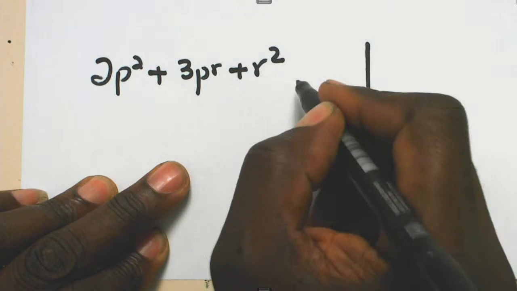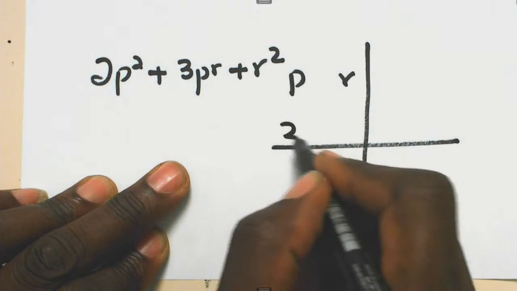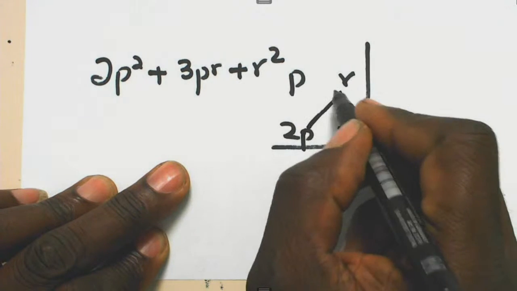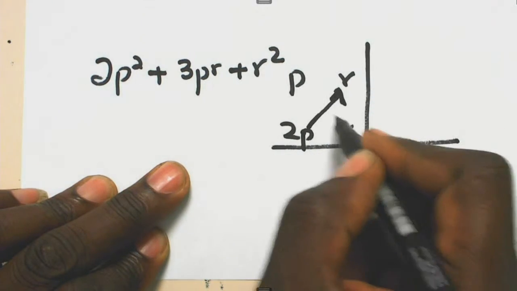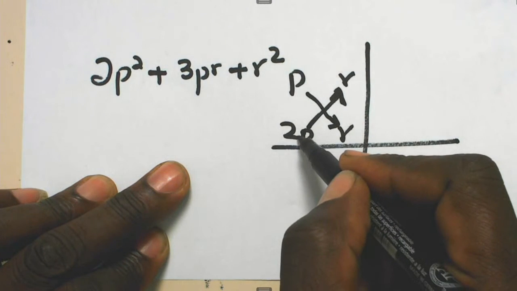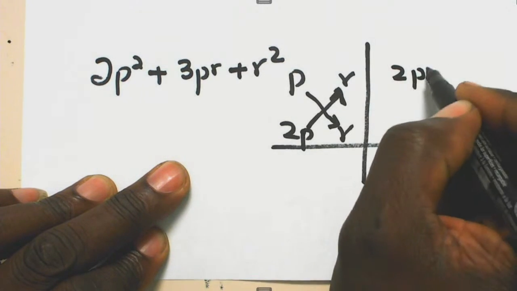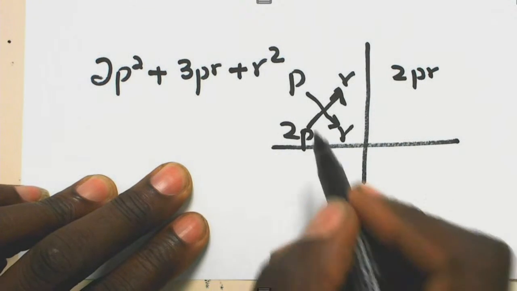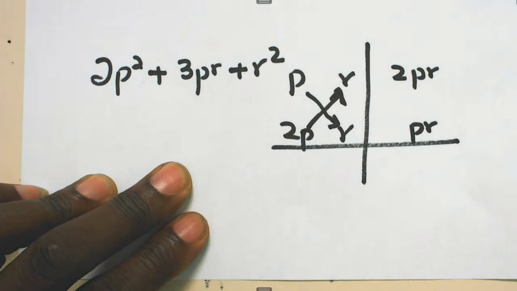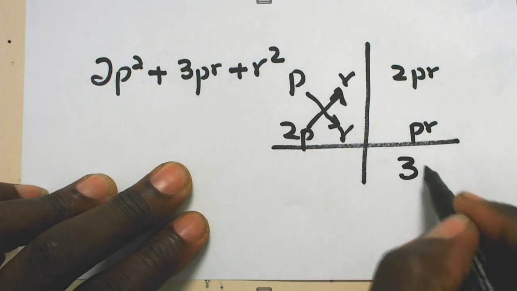It will be p, r, and then 2pr. This one will multiply that, and this one also multiply that. When you multiply 2p by r, you'll get 2pr. And when you multiply p by r, you'll get pr. When you add them, it's going to give us 3pr.